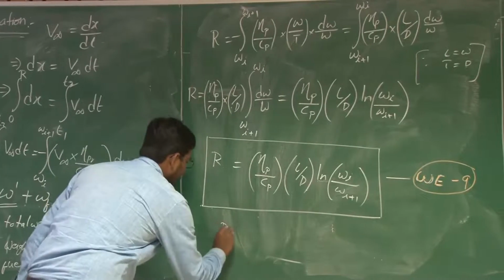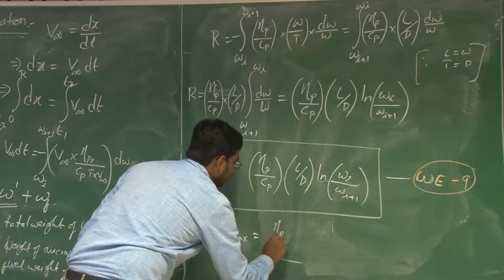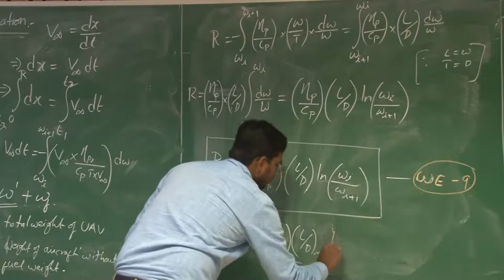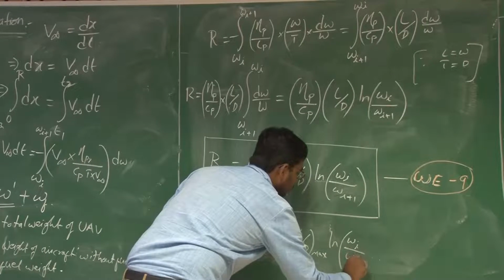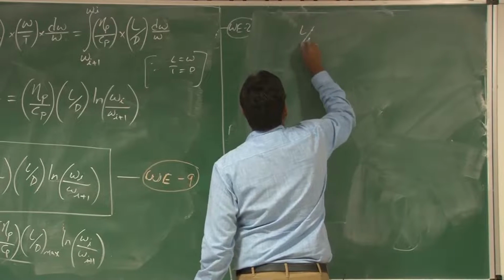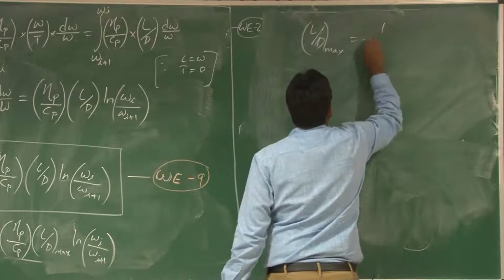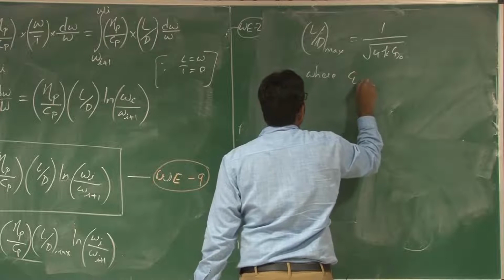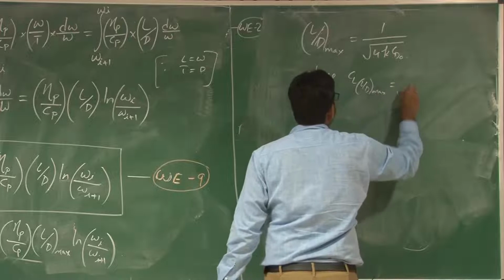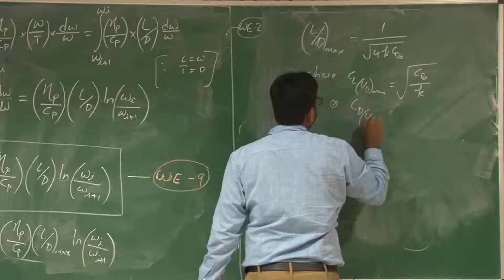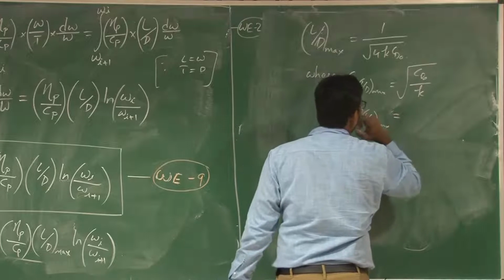L by D max is equal to 1 by root over 4k CD naught, where CL for L by D max is root over CD naught by k, and CD for L by D max is equal to 2 CD naught.